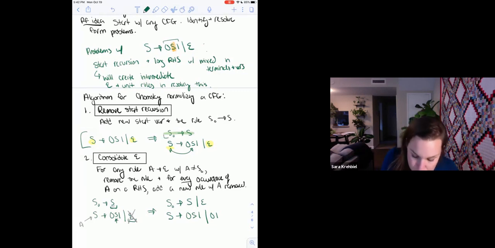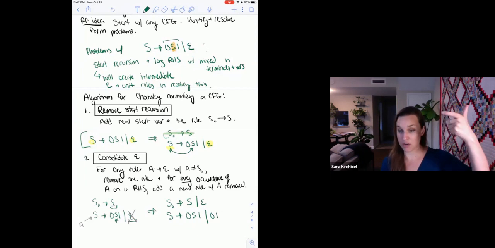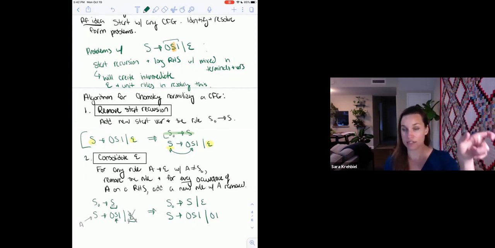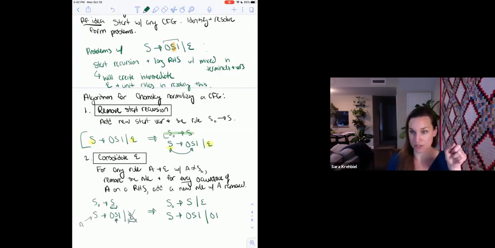But then in removing the start recursion, we basically created a wrapper function that was non-recursive. So S naught is the wrapper that starts the S recursion. But the problem is that S recursion still has a true base case, which in Chomsky normal form, it's not allowed to have. So what we say instead is, have this S naught be able to forward to this true base case.